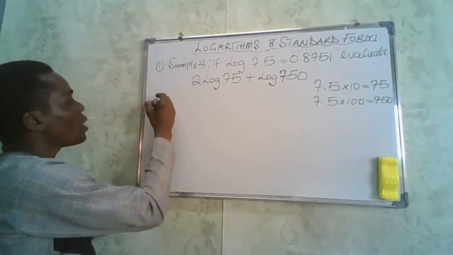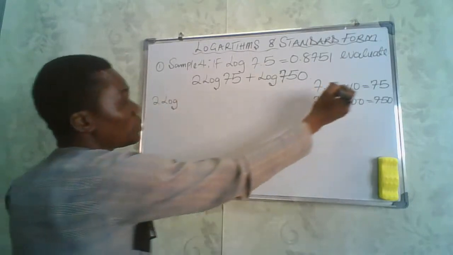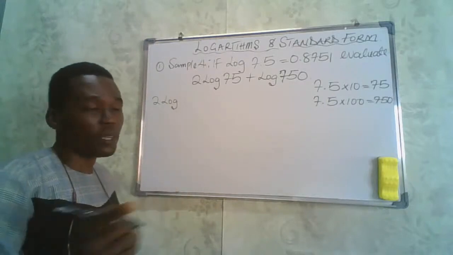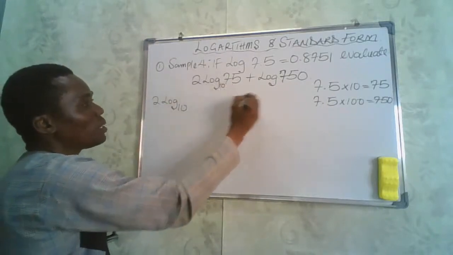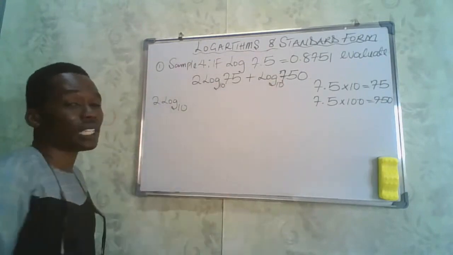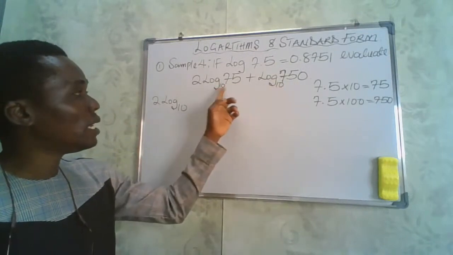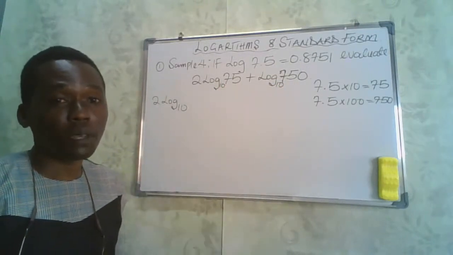Now from here, we have 2 log. We're going to make it in base 10, because if you don't have any base here, it simply tells you that the logarithm is in base 10.